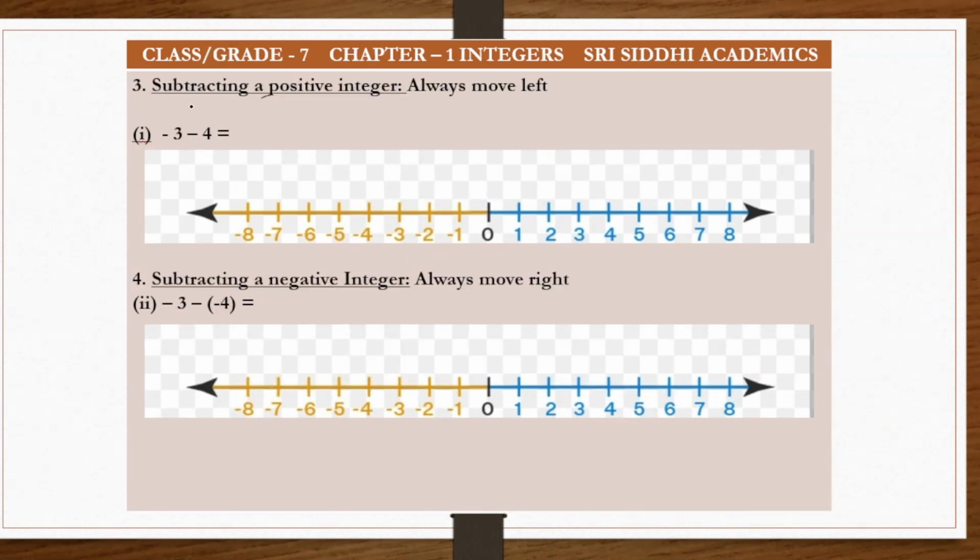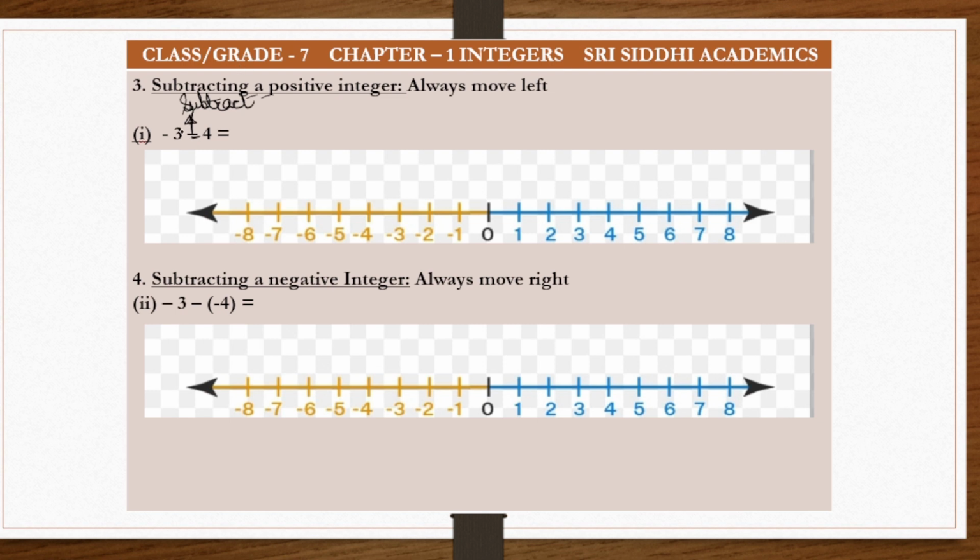Now let's understand subtracting a positive integer. Okay. So here there is a positive integer 4 and the minus before 4 stands for subtraction. Don't get confused. Don't ever think that this is a negative integer minus 4. No, this minus sign here stands for subtraction.